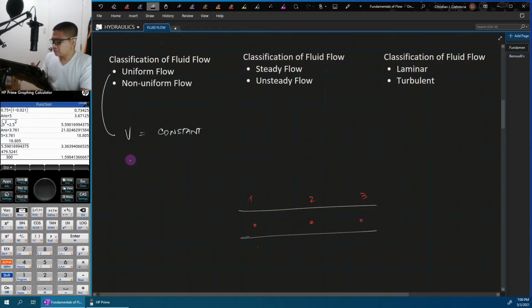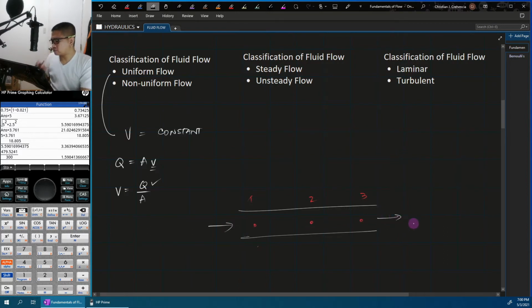So sabi nga natin kanina, yung formula natin sa discharge Q, that is area times velocity. So velocity is Q over A. So alam natin na definitely point 1, 2, and 3 will have the same discharge Q, kasi kung ano yung pumasok dito, wala namang ibang pupuntahan kundi yung point 2 and yung point 3 and going out doon.